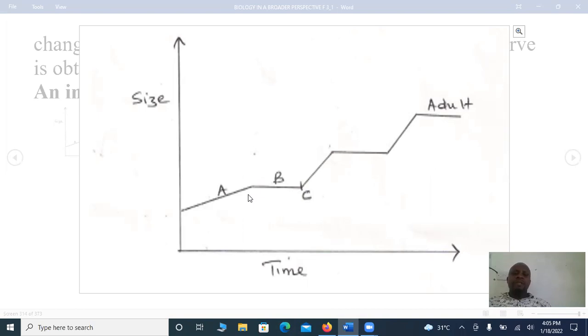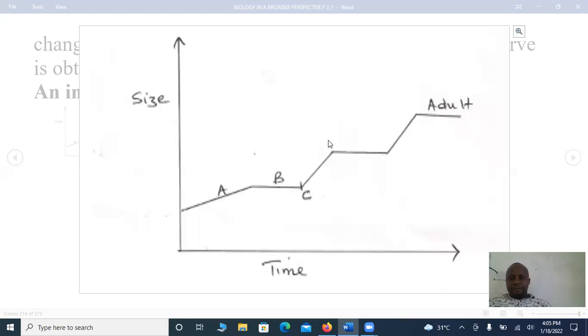It's not continuous, but instead, growth occurs at point A, then it stops for a while at point B, and then at point C, growth starts again. So what actually happens in these particular zones?